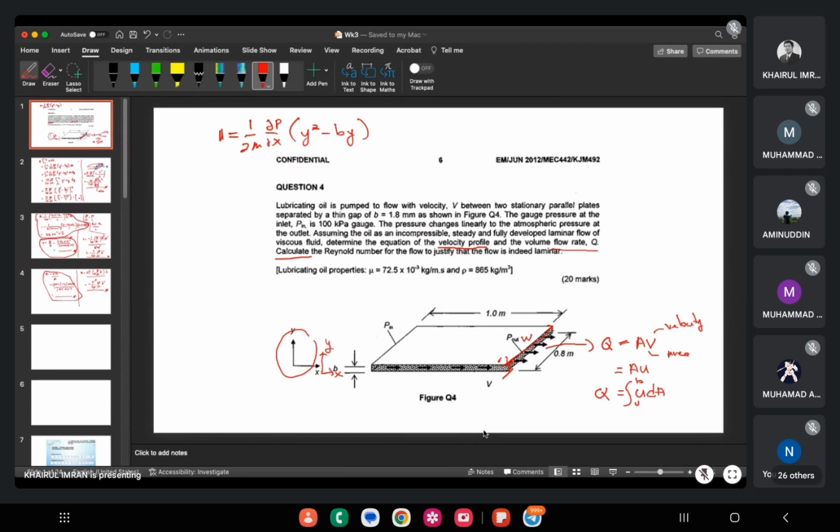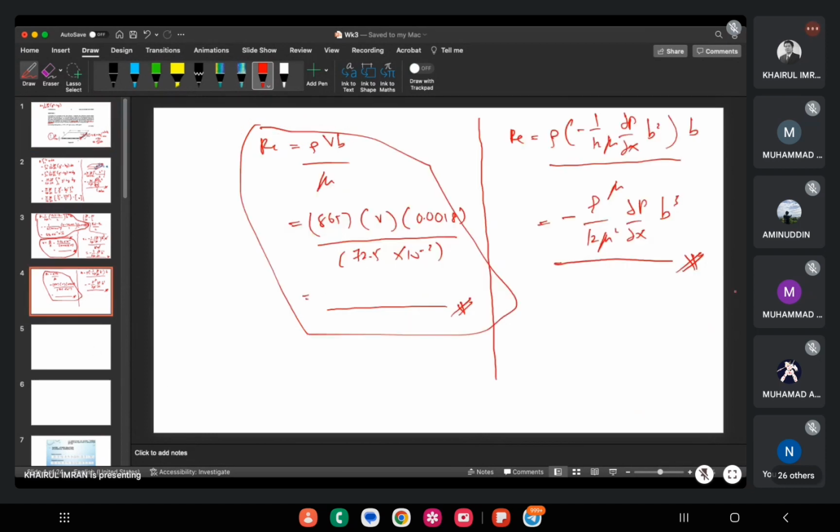So, bila you bagi expression, settle kat projek kereta Azora, contoh, you dapatlah Reynolds number ni: Re = negative rho, negative 12 mu squared, del P over del X, B cubed. Dekat kereta Azora. Bila you pergi dekat projek kereta Wira, for example, pergi pula ke projek lain, you can use the same expression.